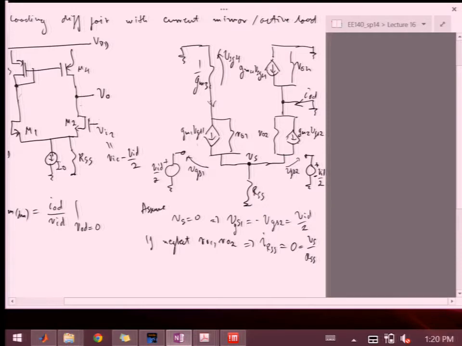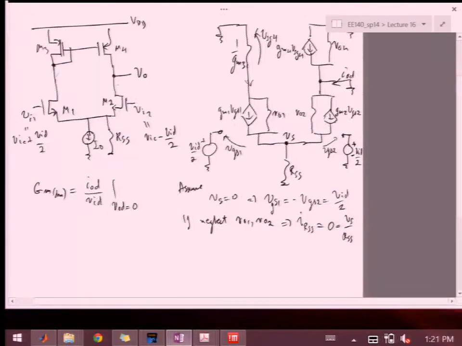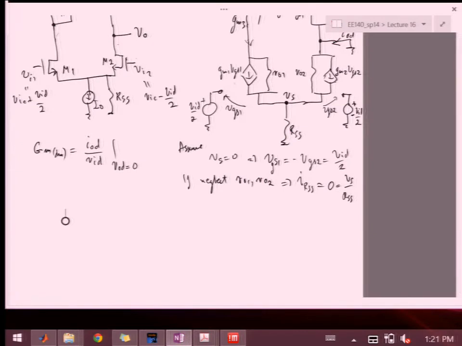That's really negligible, right? So the voltage that I'm going to get at VSG4 is going to be VID over 2 times GM1 VGS1.